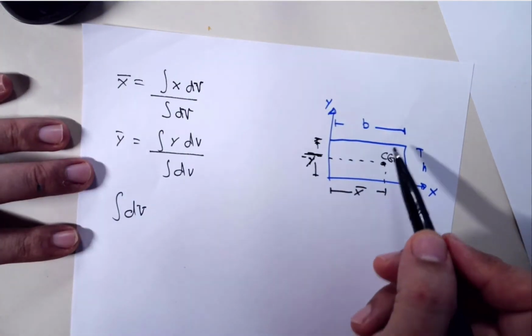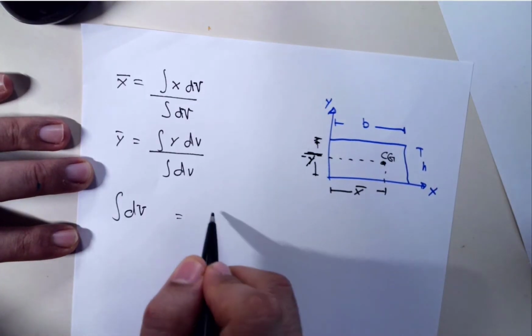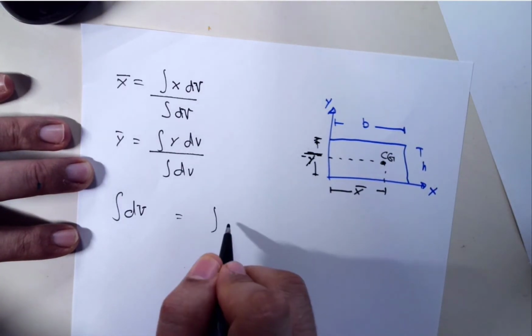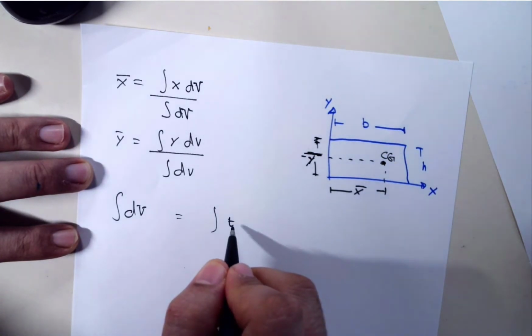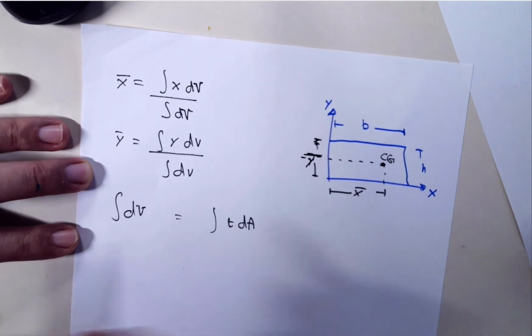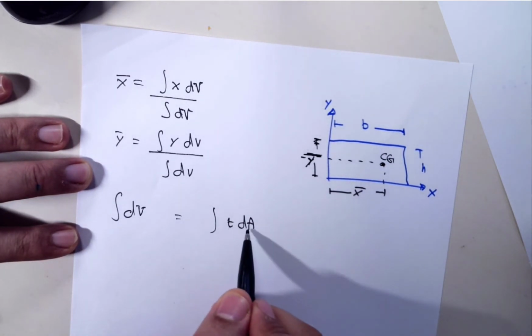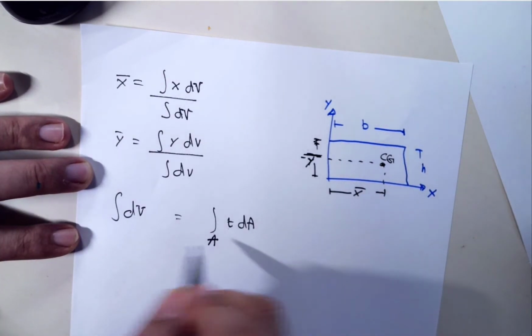Now if we assume this is a 2D problem, there is a depth, and let's say the depth is t, and the area is dA. So the volume is the depth multiplied by the unit area, right? So this becomes integration over A, right?